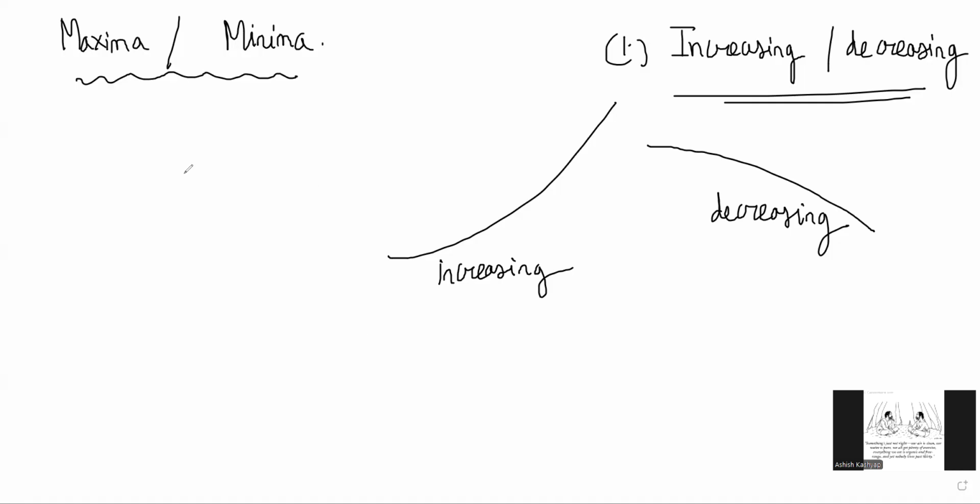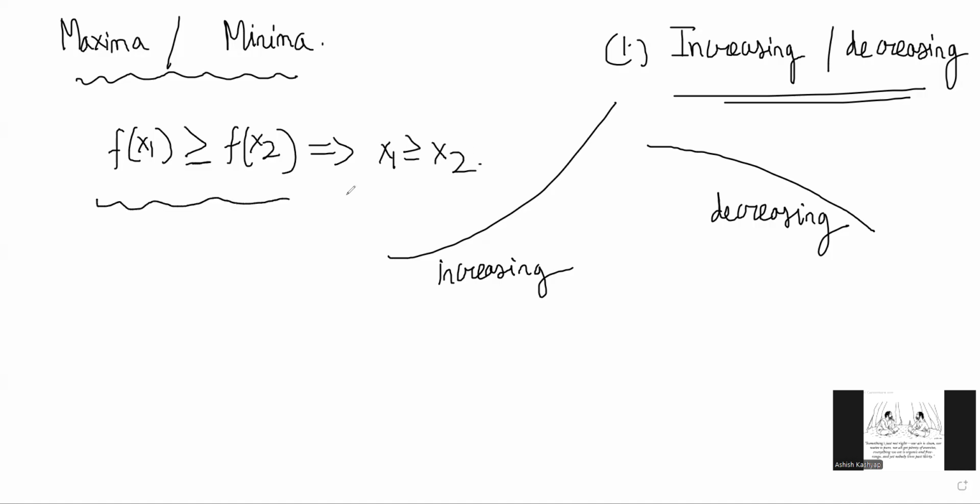By that we mean an increasing function can be written as f of x1 greater than or equal to f of x2 implies x1 is greater than or equal to x2. That is an increasing function. So what this means is there is a double implication, both sides are implied.